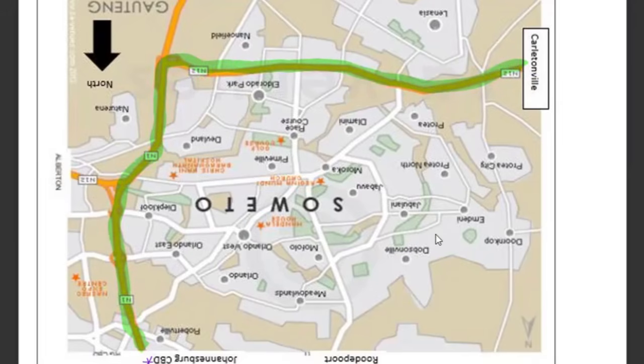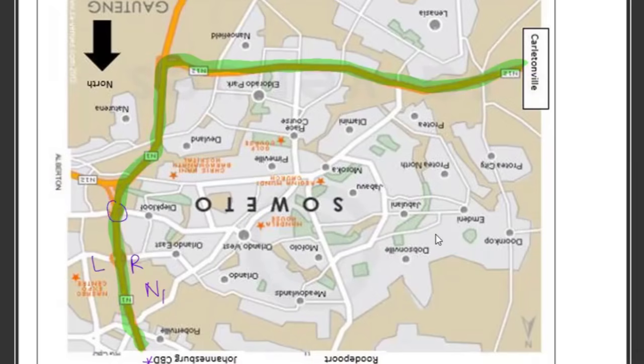So now what we need to know, what are the roads? By the way, as you move, what road are you using? From Johannesburg CBD, you're using N1. So you say N1. Now as you move down here, this is your right, and this is your left. You reach the conjunction of these, you understand? What do we say? Slight right. So you turn right.